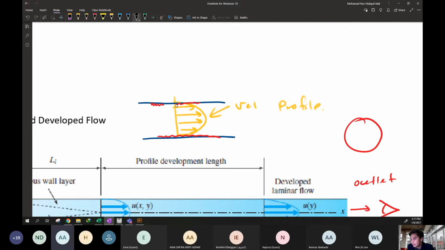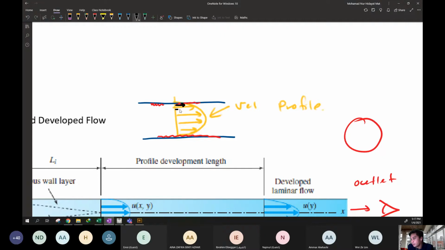Okay, at the wall layer, due to the viscosity effect, this water will stick to the wall because of the roughness. So the velocity is low here.